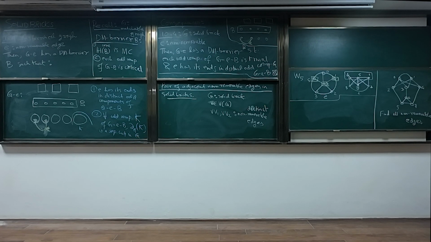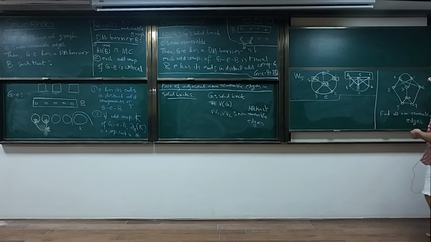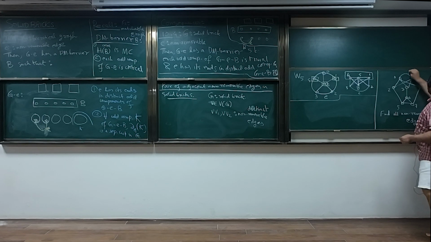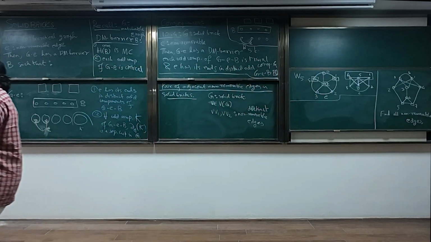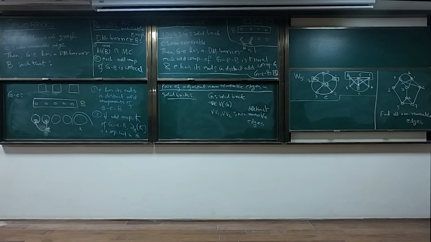Right. So one thing worth noting about this graph is it's helpful to remove this edge and then understand the rest of the graph. The rest of the graph is just K4 splice K33. So that can generally help you to figure out the removable edges.